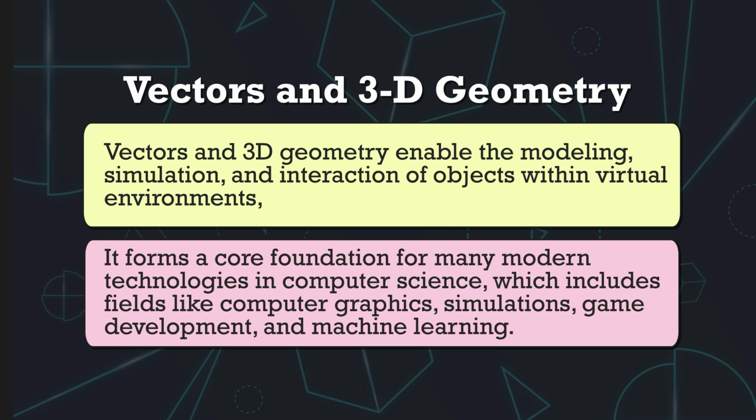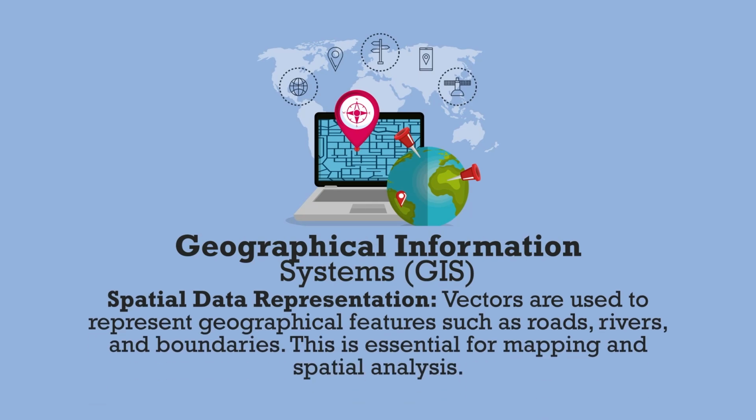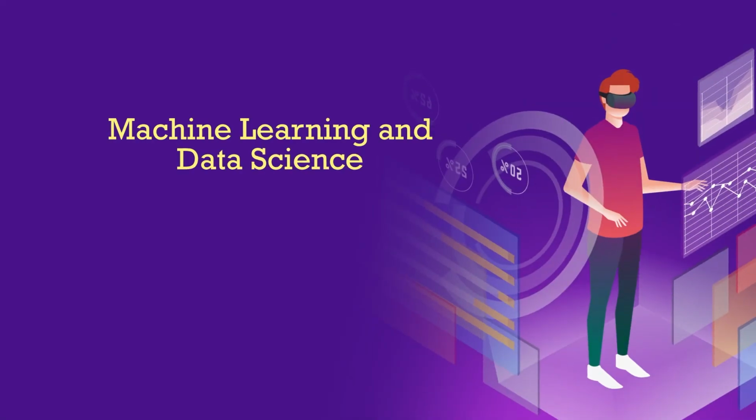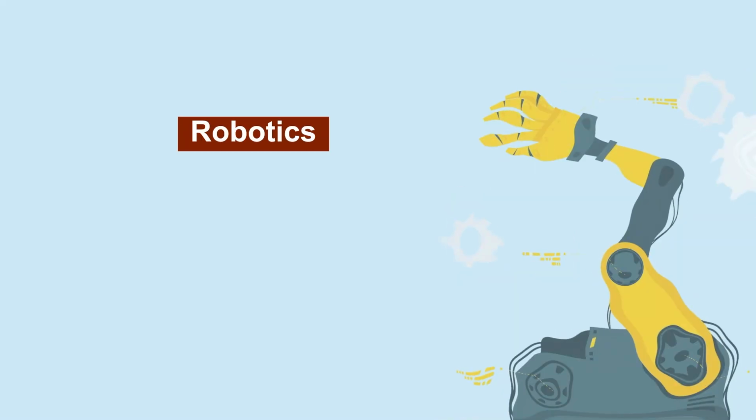So, you should be well conversant with the concepts of 3-dimensional geometry. So far as geographical information systems, computer aided design systems, machine learning and data science, augmented reality and virtual reality, computer vision, and robotics are concerned, all these things heavily require the understanding of the concepts of 3-dimensional geometry and vectors.